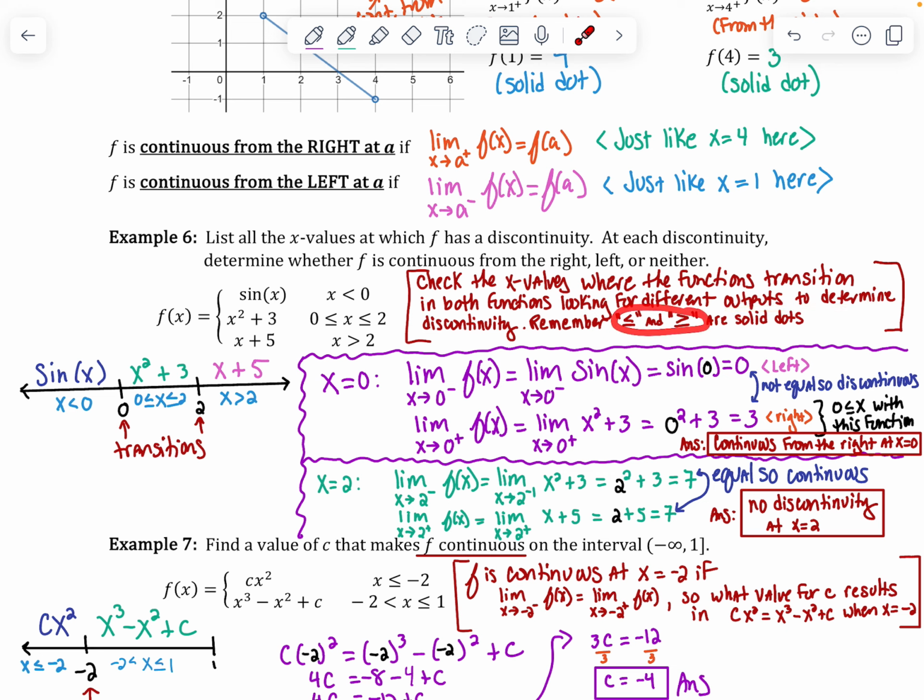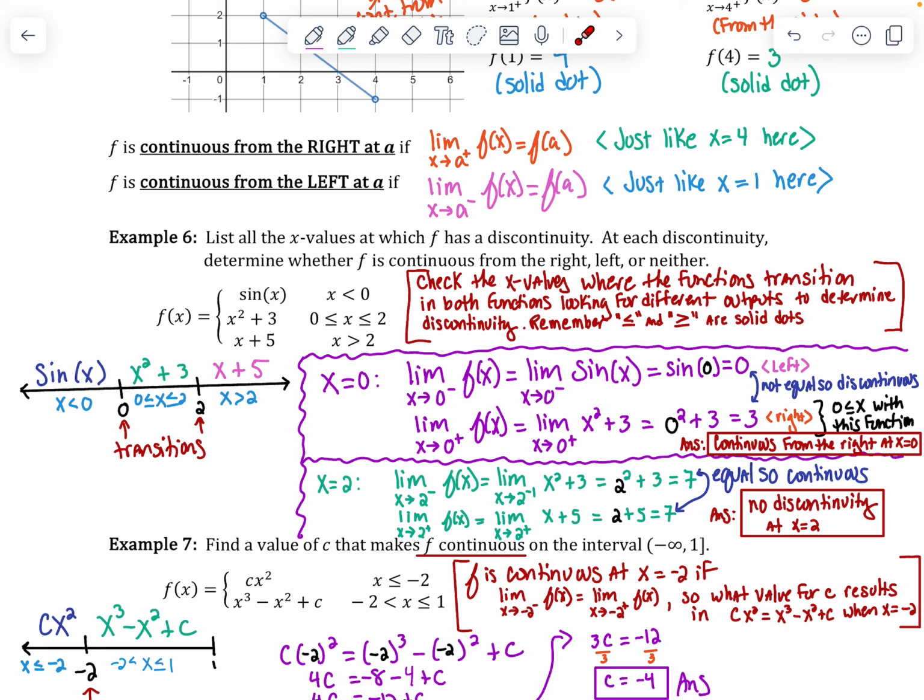And then don't forget our less than or equal to, greater than or less than symbols mean we have solid dots. So my first 2 functions, the first function goes from basically negative infinity up to 0, and the second function starts at 0. So 0 is one of my transitions where all values less than 0 use the sine, and all values of x that are greater than 0 use x squared plus 3.